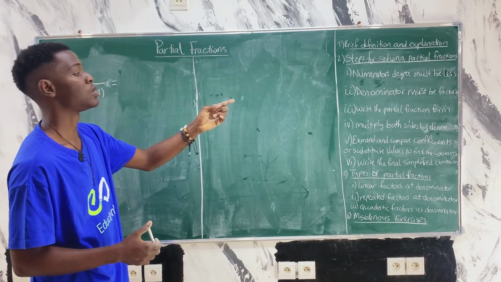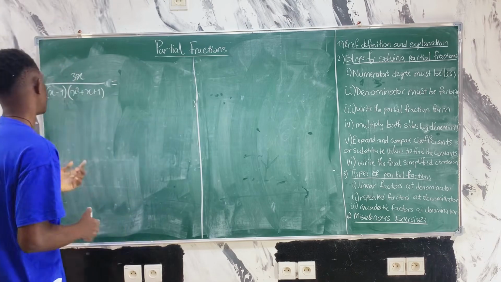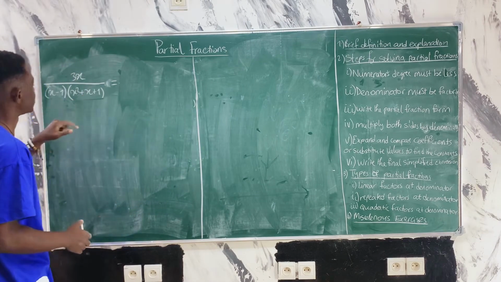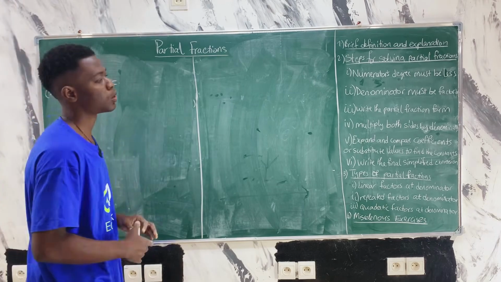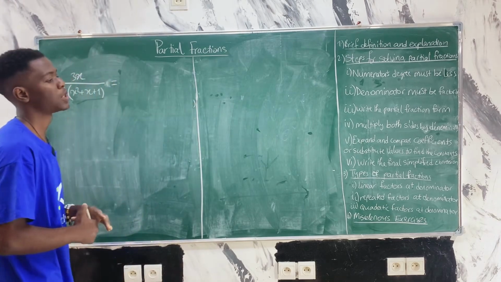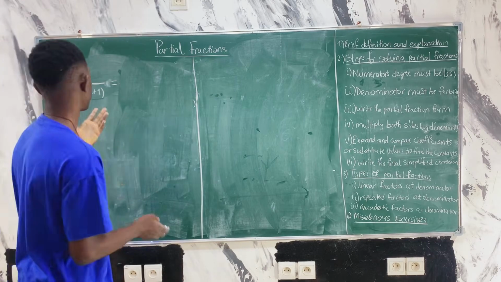The second condition says the denominator must be factorized. Here it's already simplified at its highest. This one cannot be further simplified. So the second condition is already fulfilled. From here, third one, you write the partial fraction. You write the partial fraction form.